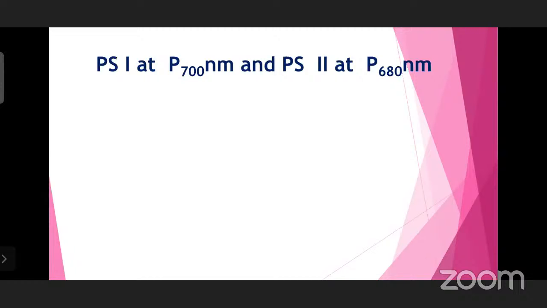A pair of electrons becomes excited and jumps, and an electron acceptor accepts them. Those locations are PS1 and PS2. PS1 is P700, the photosystem of 700 nanometer wavelength, and PS2 is the photosystem of 680 nanometer wavelength.